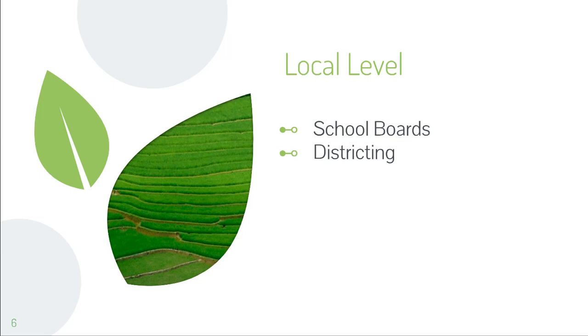These boards govern the use of local tax dollars. Local boards are often involved in districting, which determines which households are part of which school district or which students attend which schools. School districting and financing can be highly contested and often raise diversity and equity concerns.